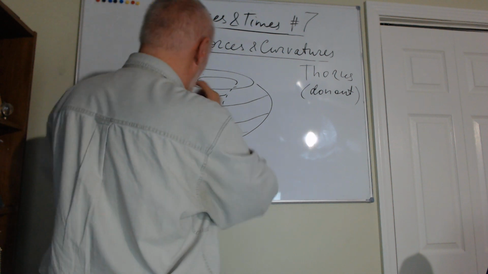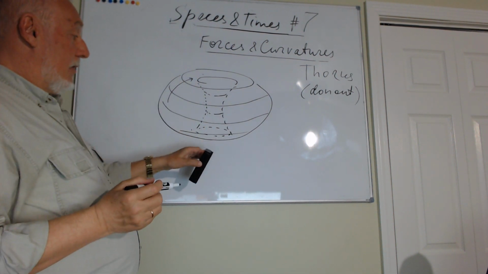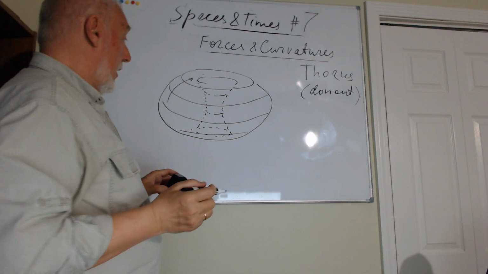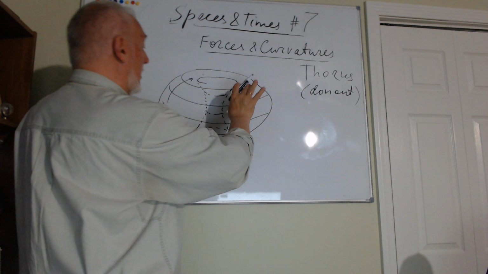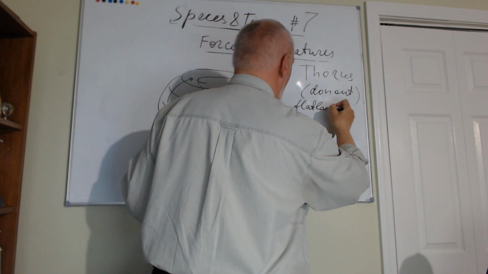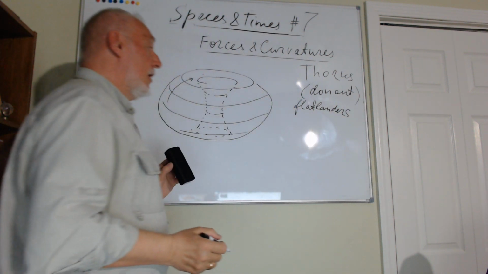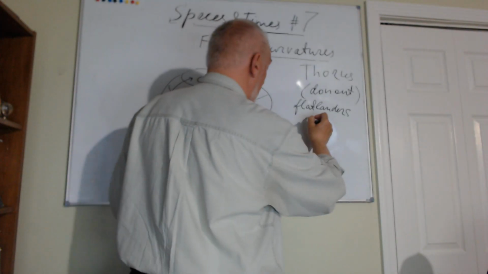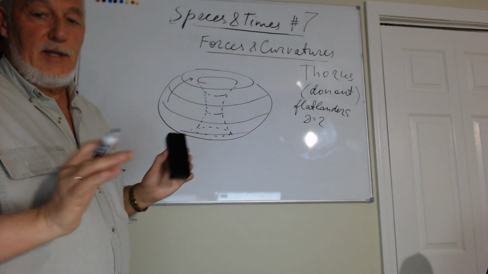Let's first put Flatlanders on this donut. Flatlanders are people who live in 2 dimensions. There are no 3 dimensions, only 2.